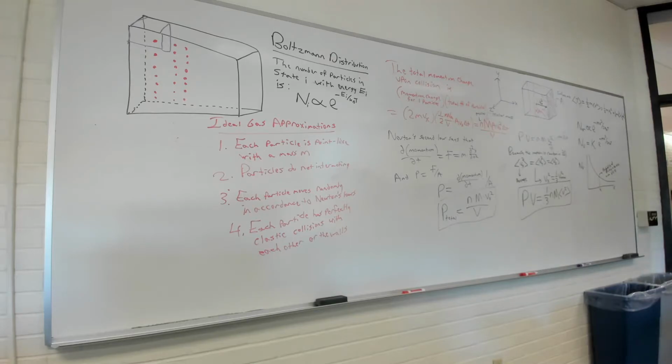So now let me ask you a different question. We know what the probability of finding a single particle at a given velocity is, right? So that probability is just this function. We just plug in a velocity and we get a number out. Now here's a question.